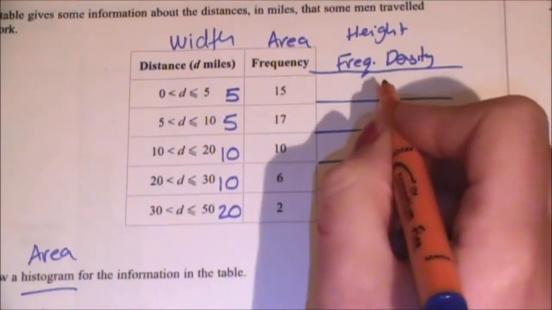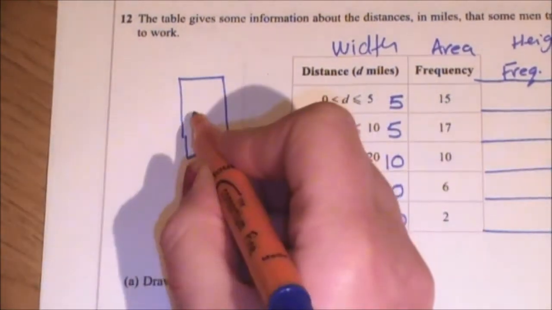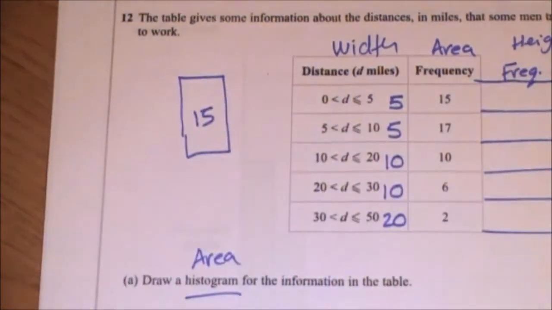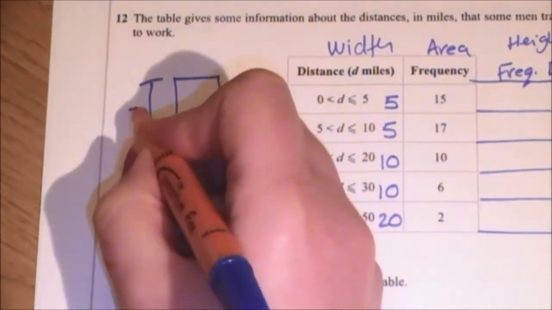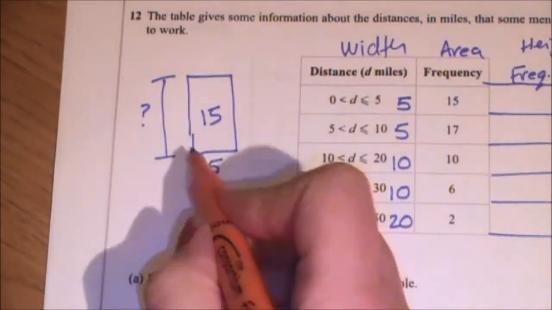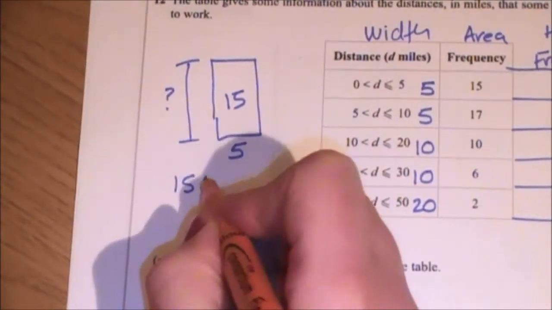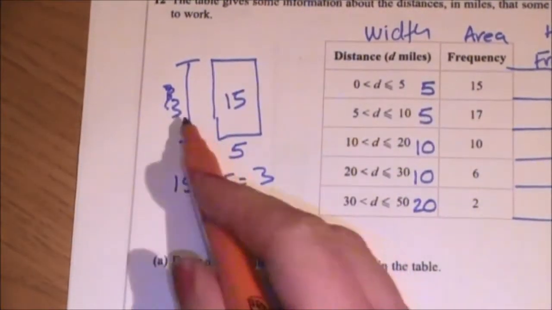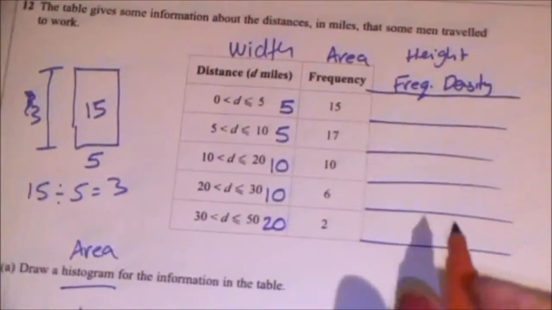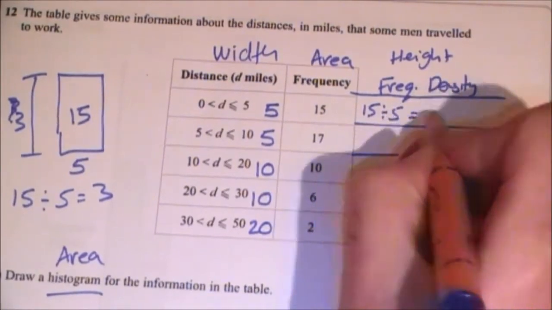Now, frequency density, just as if you had a rectangle with an area of 15 and a width of 5, and you were being asked to find the height, it would be 5 times what is 15. So the calculation is actually 15 divided by 5, and the answer then is 3, because we know 3 times 5 is 15. So frequency density here is going to be 15 divided by 5, which is 3.